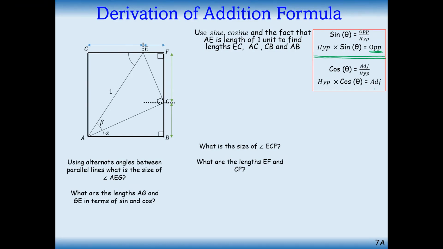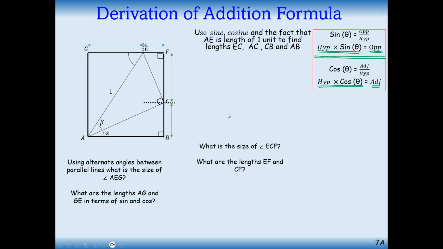Whenever we want to calculate the adjacent side, we multiply the hypotenuse by the cosine of the angle adjacent to that side.